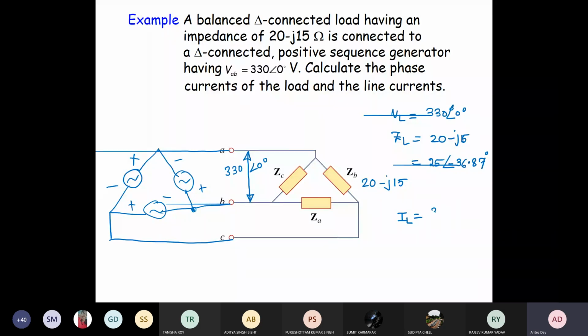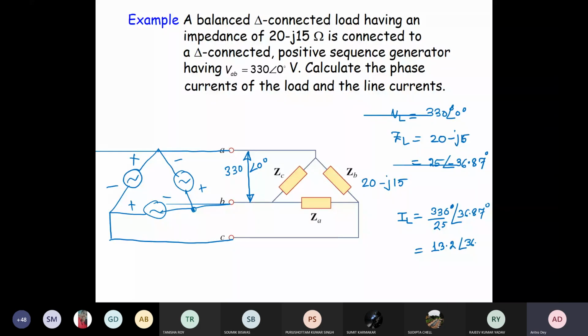So your IL will be VL by ZL. So it is 330 angle 0 by 25 angle minus 36.87. Sorry, I put an unnecessary degree sign. Plus 36.87 because this is 0. So what will be the value? It is 330 by 25, so that turns out to be 13.2 angle 36.87.